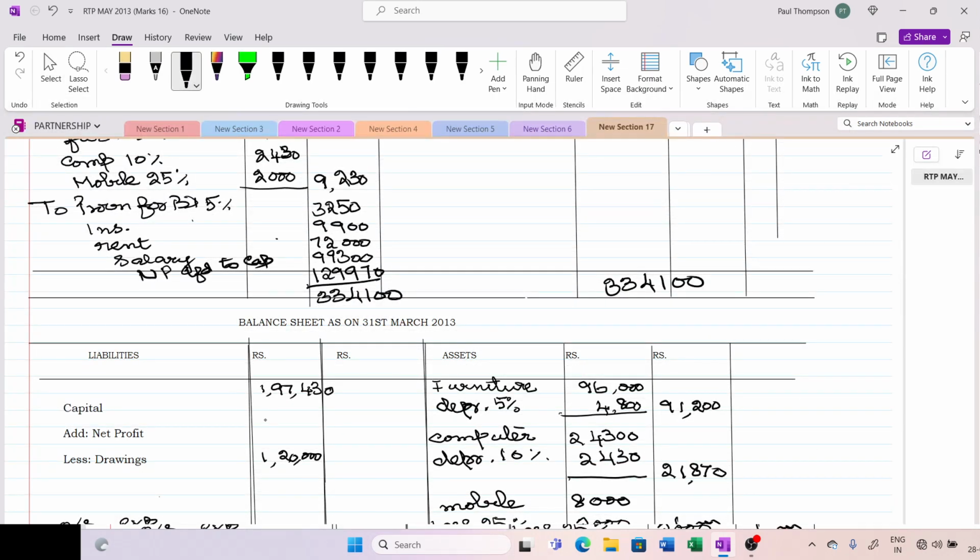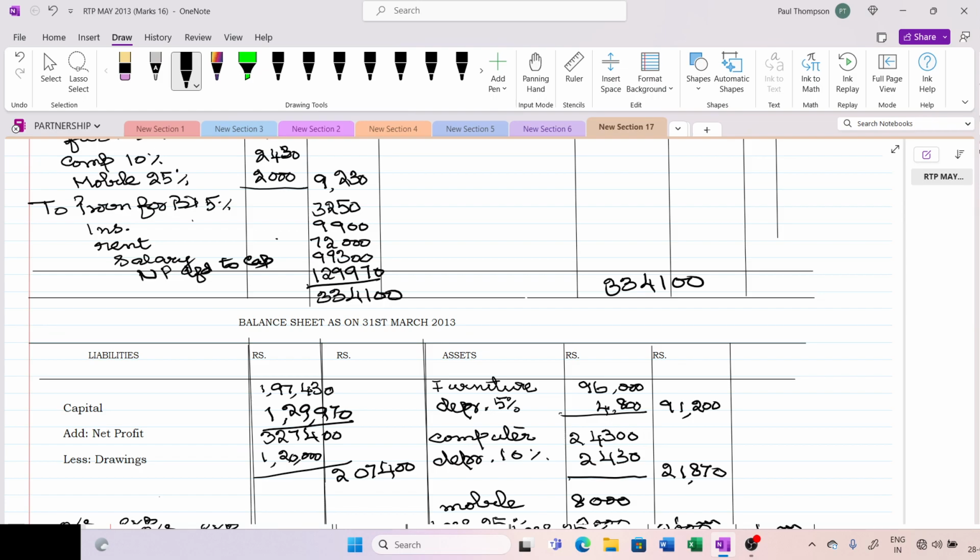So let me take this NP to balance sheet, 129,970. So adding these two will give the total of 197,430 plus 129,970, 327,400 minus 1,20,000, 207,400.